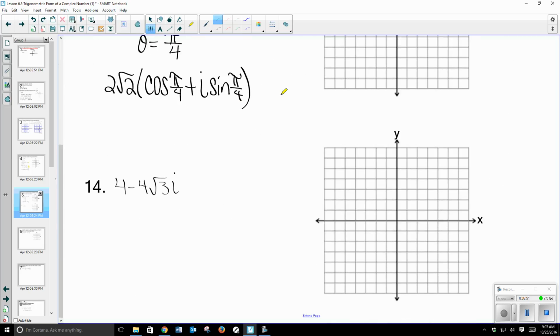Let's do that again. Number 14 here would be 4, 1, 2, 3, 4, negative 4 root 3. 2, 3, 4, and then negative 6.9. 1, 2, 3, 4, 5, 6.9, about right there.